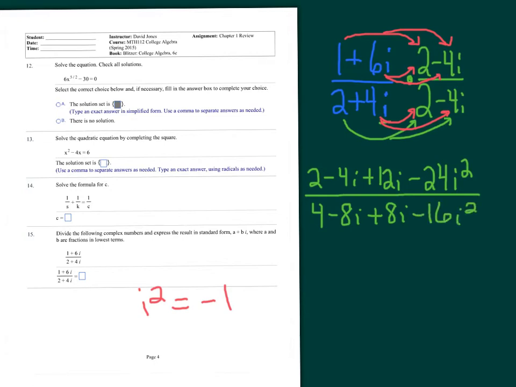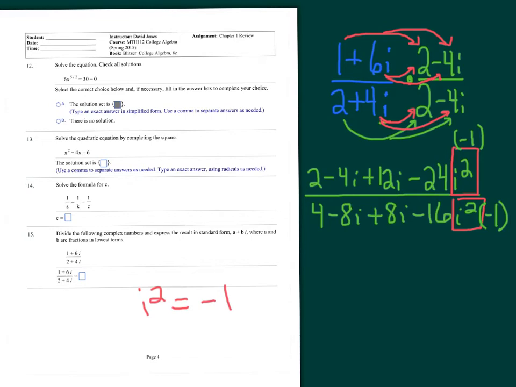So we've got a couple i squareds there, and we're going to keep in mind that that's actually negative 1. So not subtracting 1, but multiplying 1, so maybe I'll put that in parentheses. We're multiplying negative 1 on those ones.